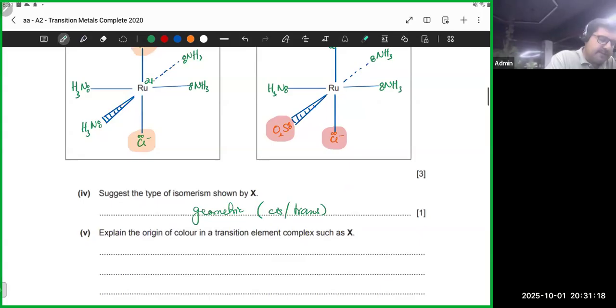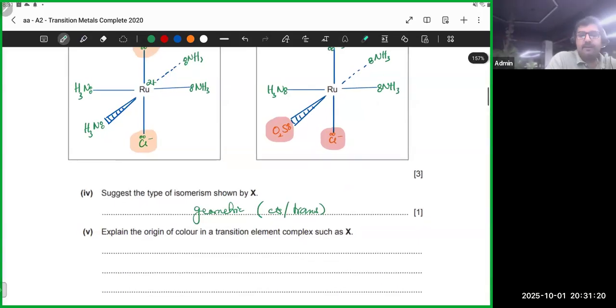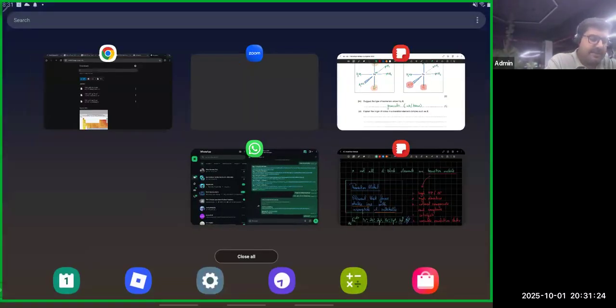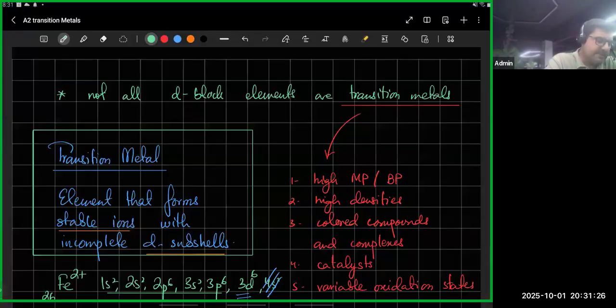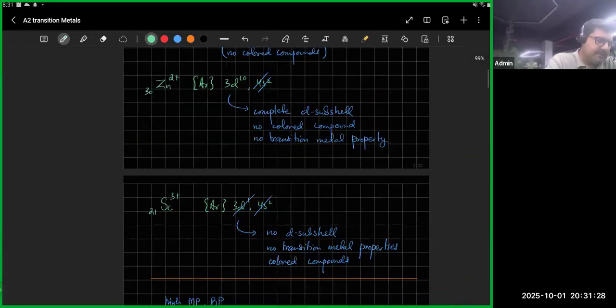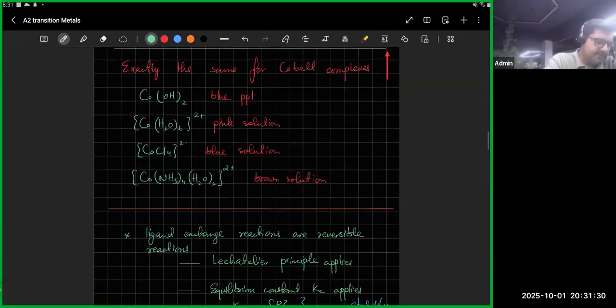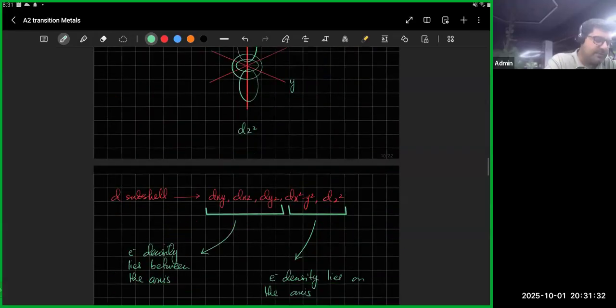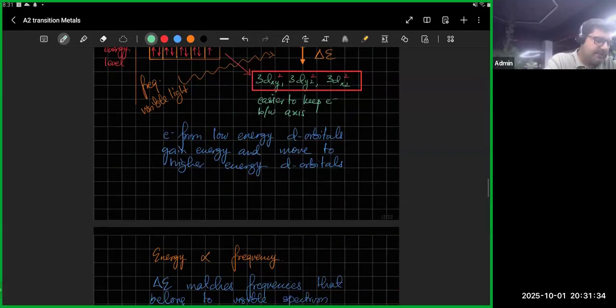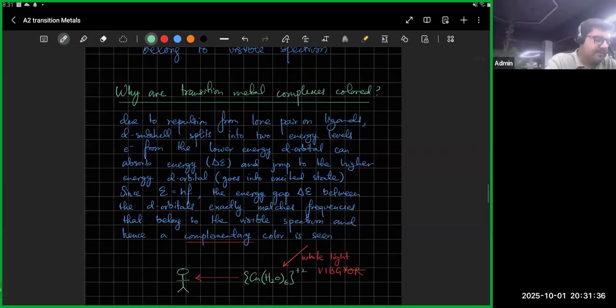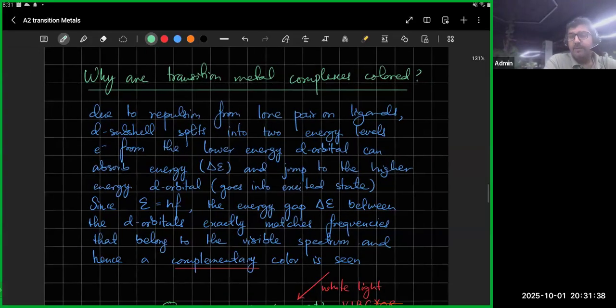And explain the origin of the color in a transition element complex such as X. So right now he's talking about why they are colored, right? That's your typical answer, which is okay, we'll just read it once more. So due to repulsion from lone pairs on ligands, the d subshell splits into two energy levels.